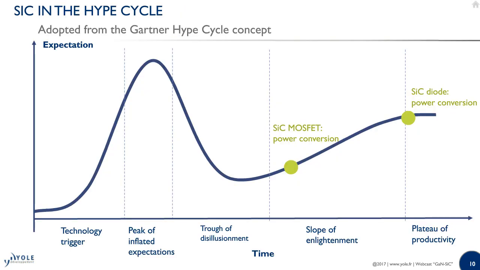So if we look at the market adoption, we think that after 15 years of introduction, the SiC diode today is in a very good position. It has gone through the slope of enlightenment, and it's really forecast to grow.